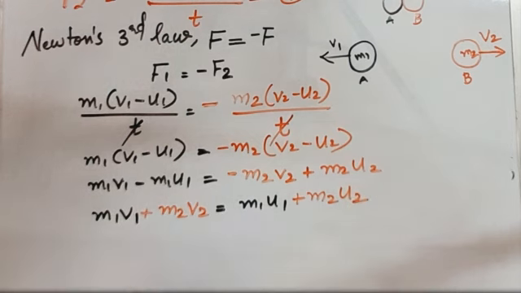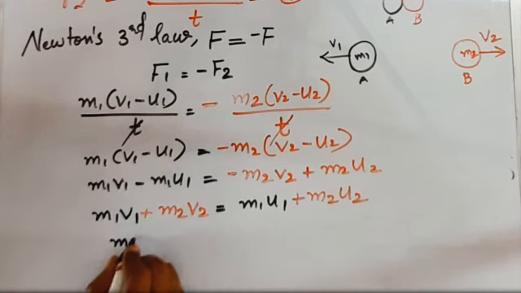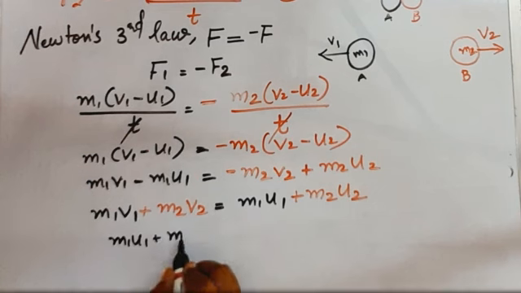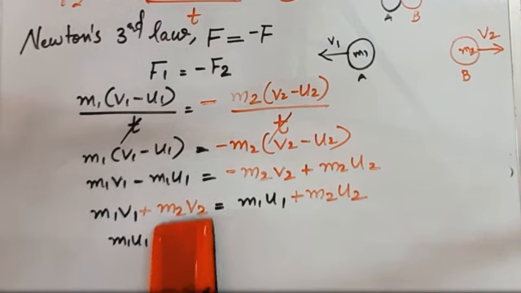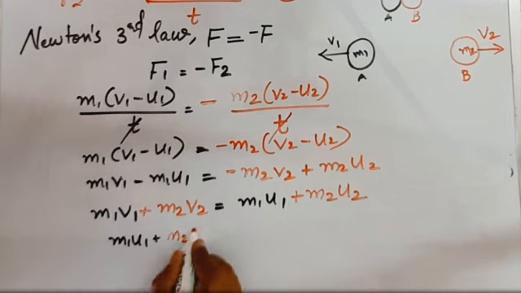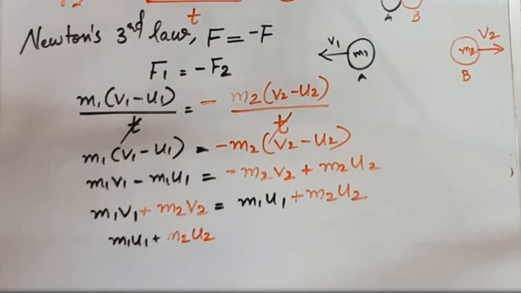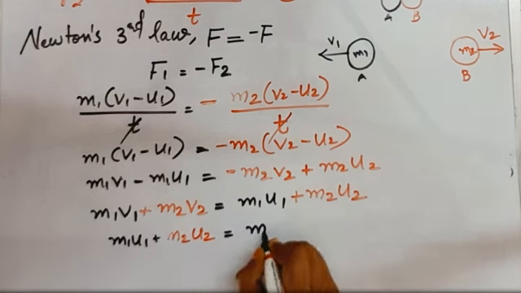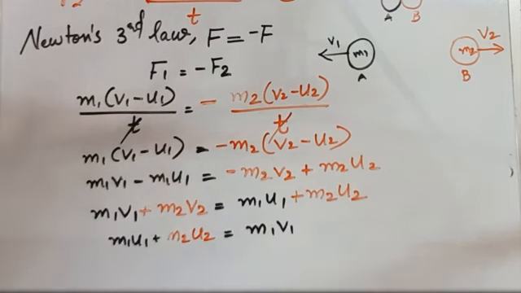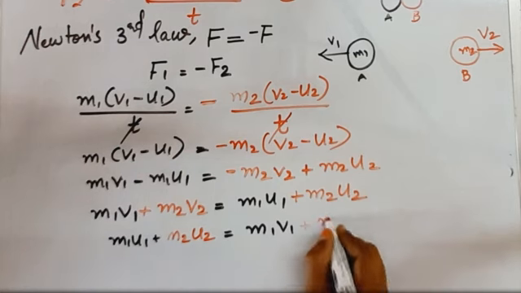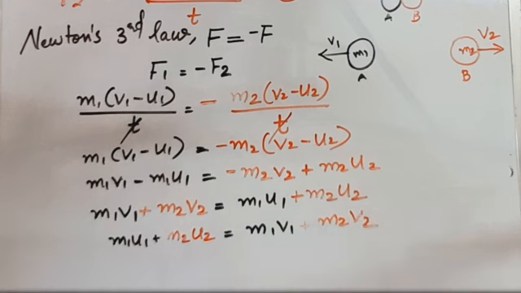So we can rearrange this: M1 U1 plus M2 U2 is equal to M1 V1 plus M2 V2.